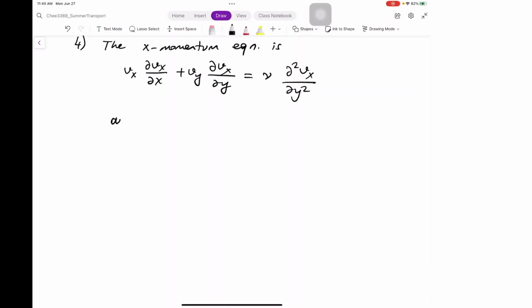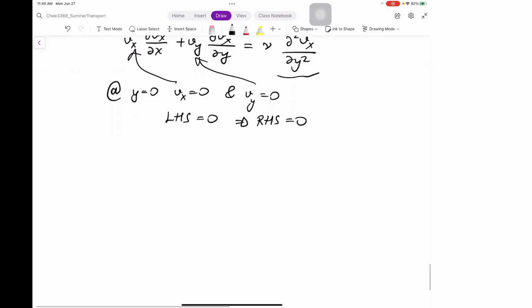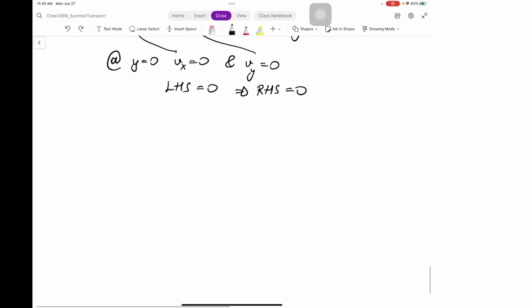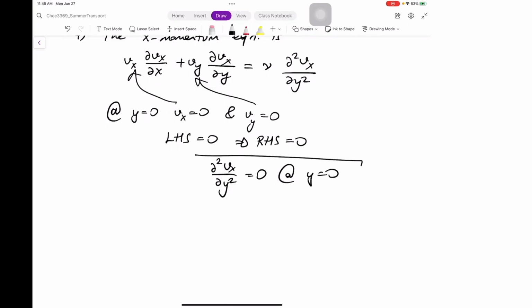That means the following: since at y is equal to 0, Vx is equal to 0, and Vy is equal to 0, if you plug in these zeros here, you find that the left-hand side is 0, thus the right-hand side must be 0, right? So del squared Vx over del y squared must be 0 at y is equal to 0. So this is your fourth boundary condition.